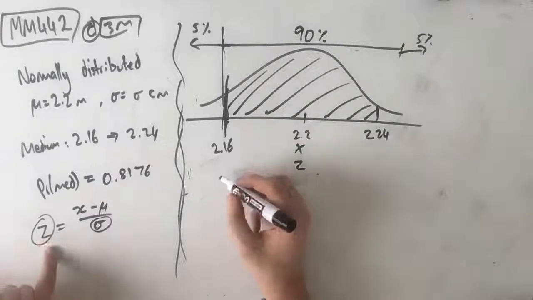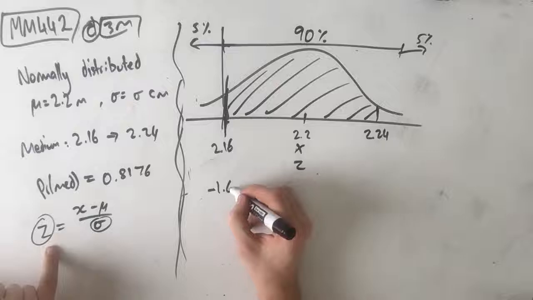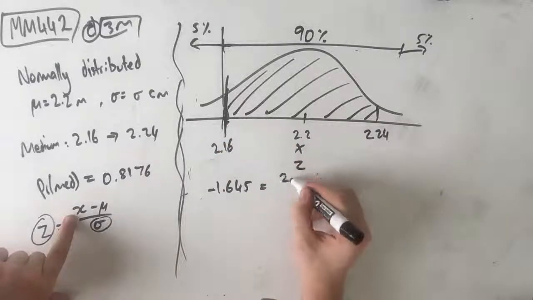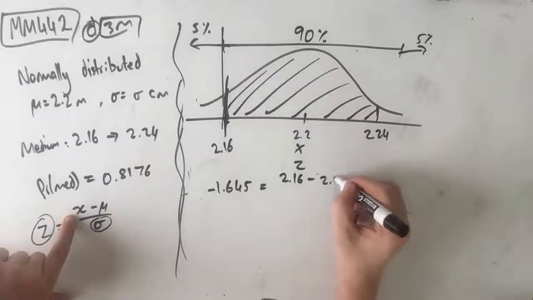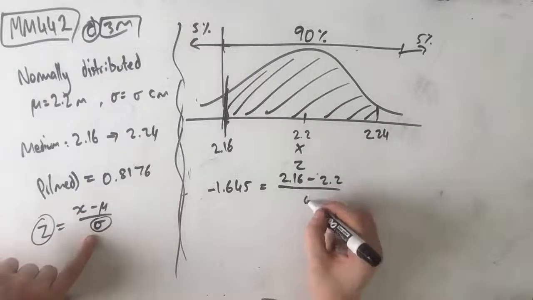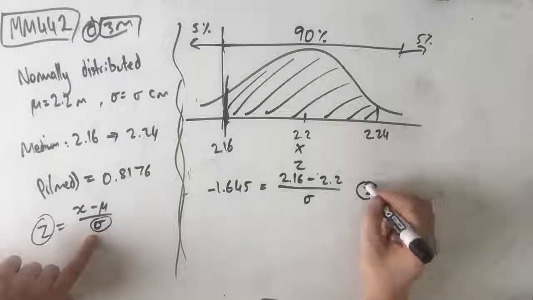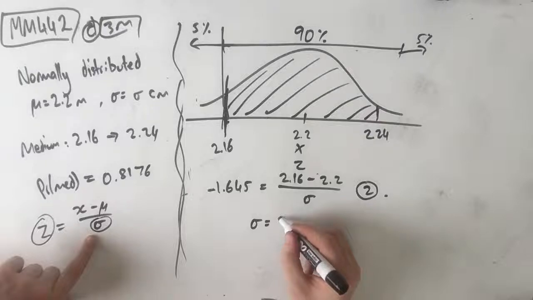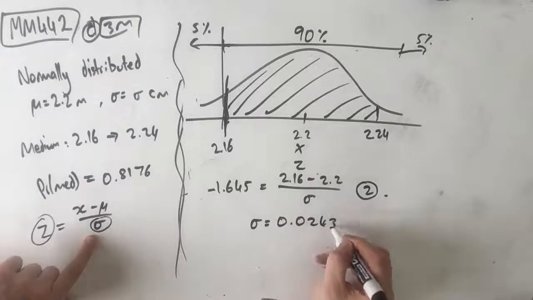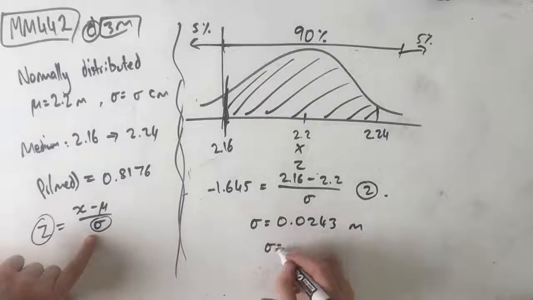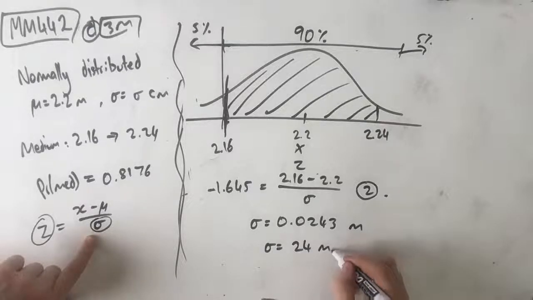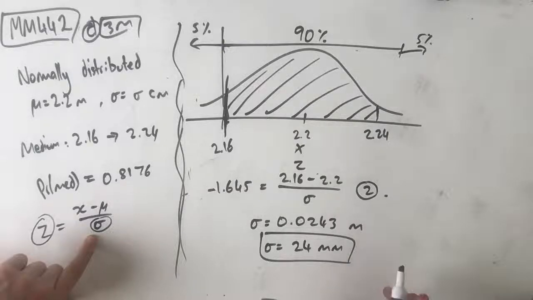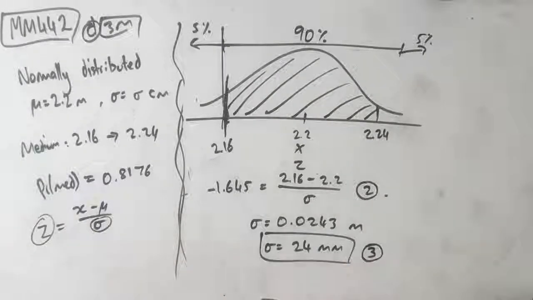So what that means is we know that our z value, negative 1.645, equals our x value at this point, which is 2.16, minus our mu, which is 2.2, over sigma, the value that we're trying to find. This is our second mark, and now we can just rearrange this for sigma. Sigma means that we get 0.0243 meters, which is equal to 24 millimeters, because our question asks us to find it correct to the nearest millimeter, which means that this is our third and final mark for part D, guys.